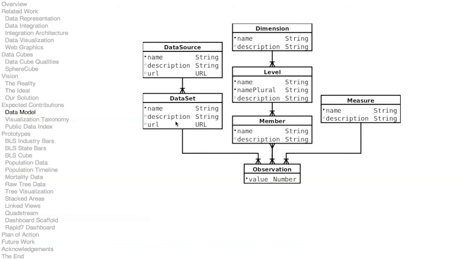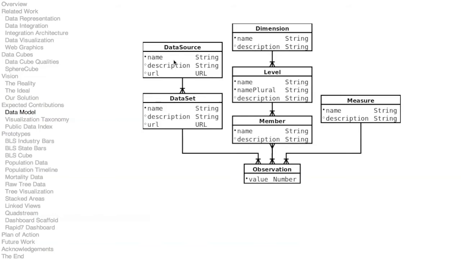Within each of those data sources, there are many data sets. And this is crow's foot notation. It's a data modeling notation that says when there are these crow's feet, it means this thing has many of this other thing. And when there's a bar going across, it means that this thing must be a part of one of these other things.